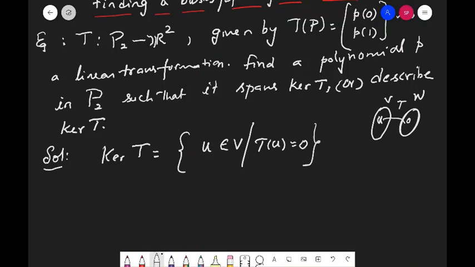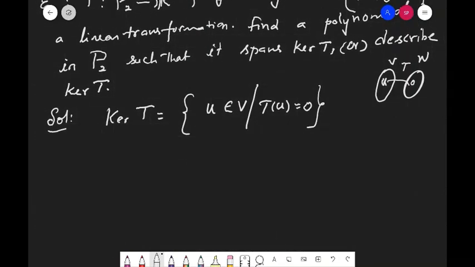So kernel T is the set containing vectors u in the vector space, the domain V, such that T of u is equal to 0. Now, what is our domain here? V for us is P2 and the codomain is R2. So I will say u belongs to P2, which means the vectors in P2 are polynomials. So it is a polynomial P of t belonging to P2.